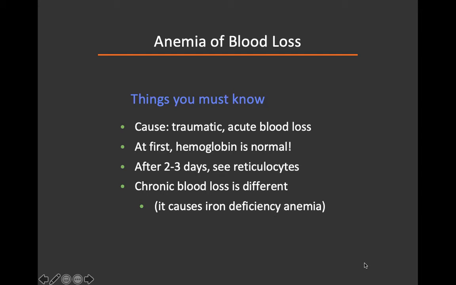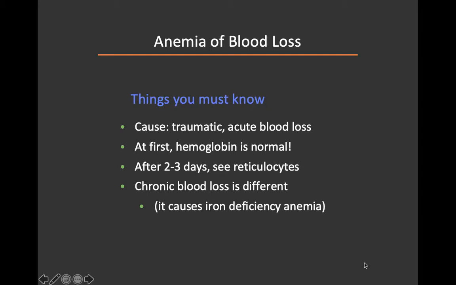And that chronic blood loss, again, is going to be a slow chronic bleed that somebody has. Like, for instance, you can have a person who is taking too many NSAIDs.